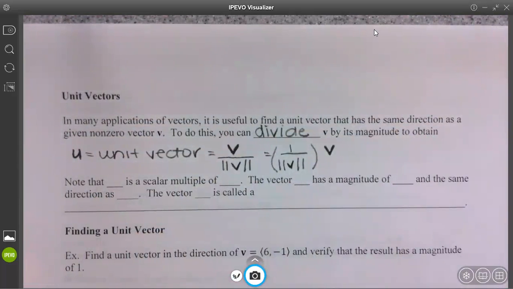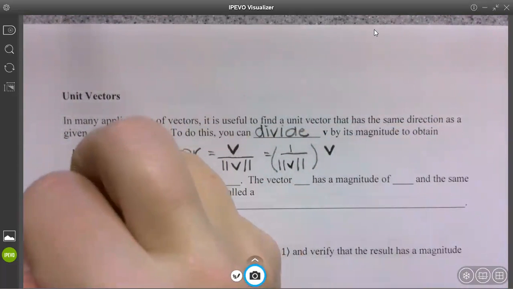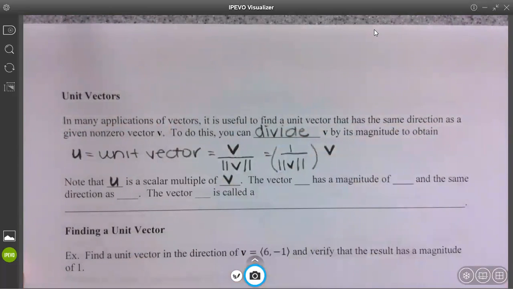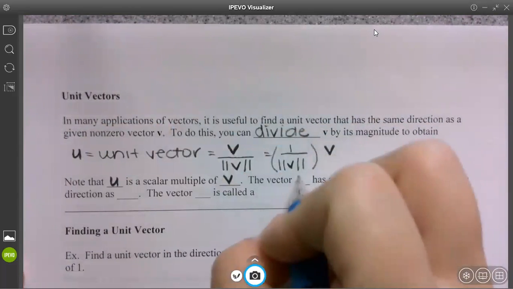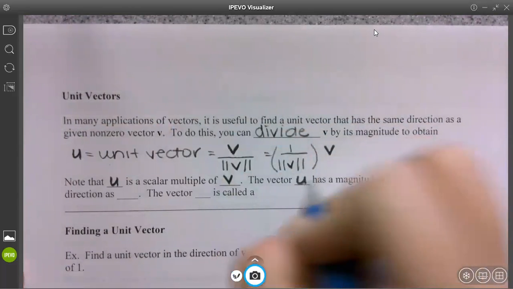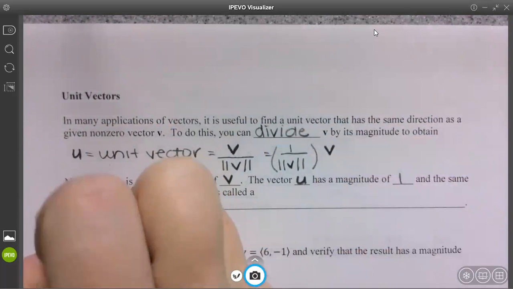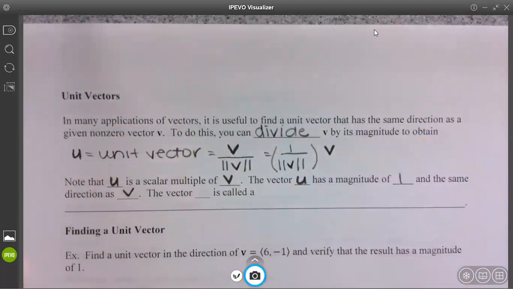Note that U is a scalar multiple of V. The vector U has a magnitude of 1 because it's a unit vector, and the same direction as V. Direction, remember, is slope.